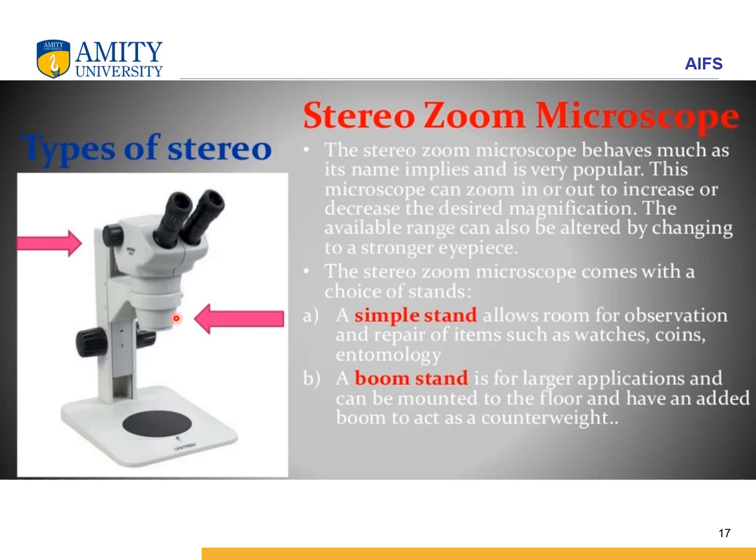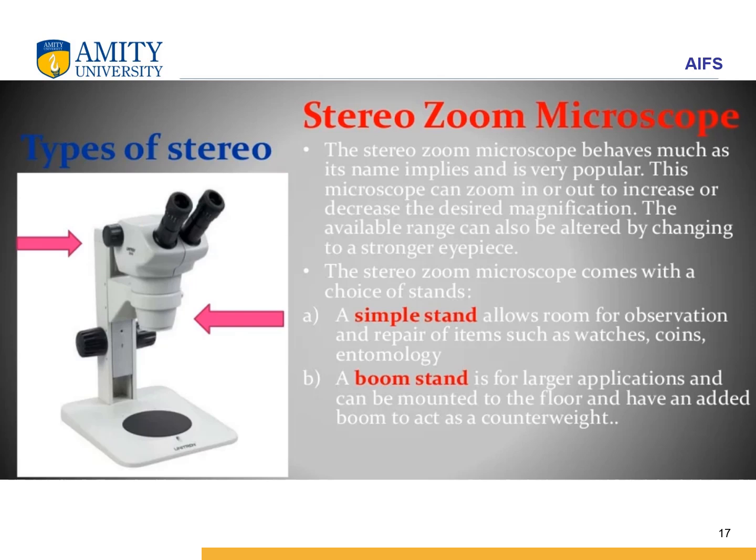Whereas the boom stand is for larger applications and can be mounted on the floor, with a boom added to act as a counterweight. So the boom stand would be fixed in one place and the head would be movable, and you can see an object which is fixed in position.